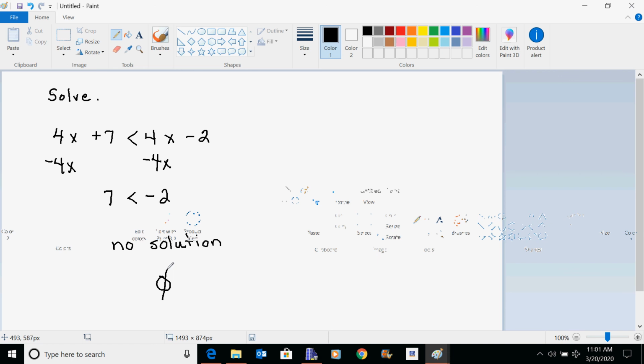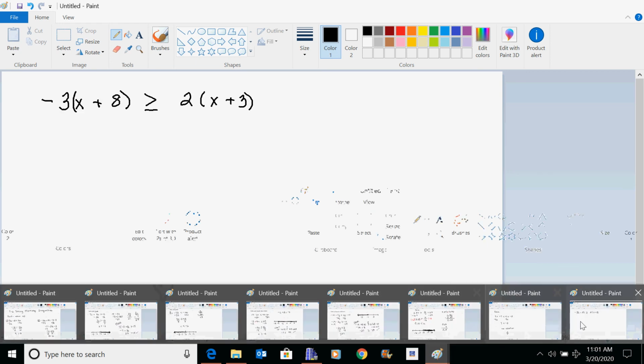No solution is abbreviated with a circle slash, meaning no. You've seen that symbol all over the place. It means no. Write out the words. You're safer with writing out the words, but if you write 0, that's incorrect. So our solution here is that there is no solution. So please just be careful with that.